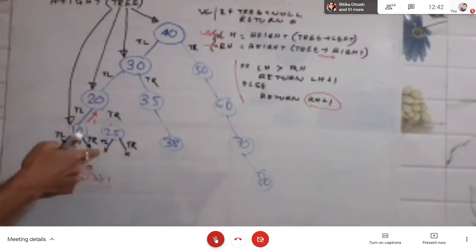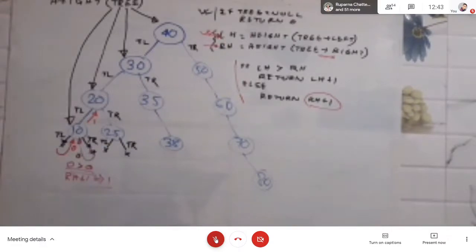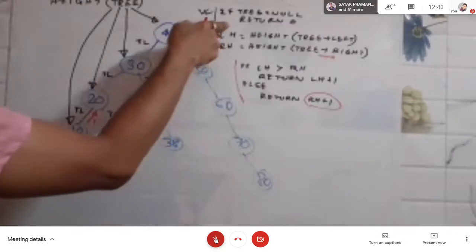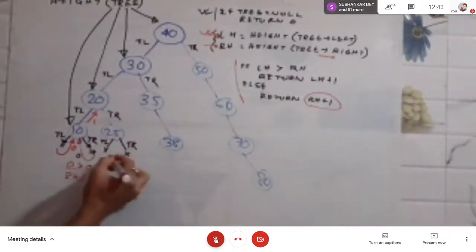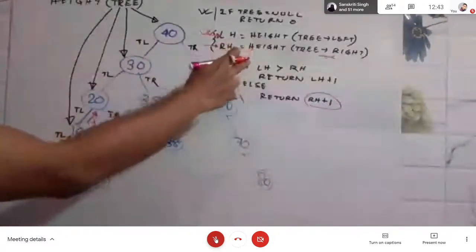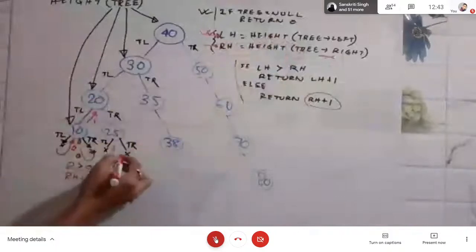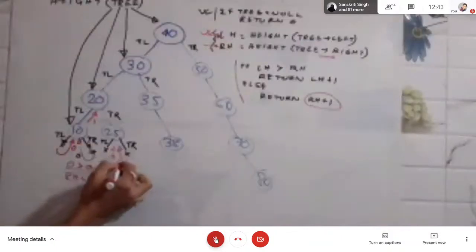But the left child is now null. Obviously, when the left child of 25 is null, this line will be executed, return 0. So from this point, 25 will get the value 0. Then it will call the right subtree, and it will also get the value 0.